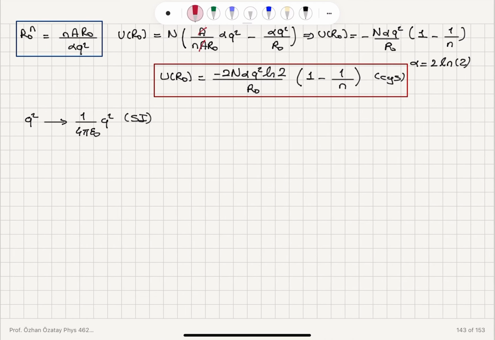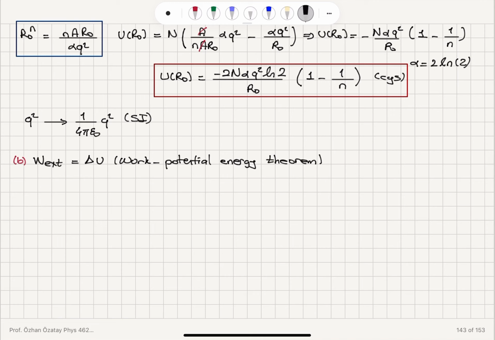The work done by the external force is equal to the change in potential energy, according to the work-potential energy theorem. Remember that work done by the internal force is minus the change in potential energy, but by the external force it is plus the change in potential energy.